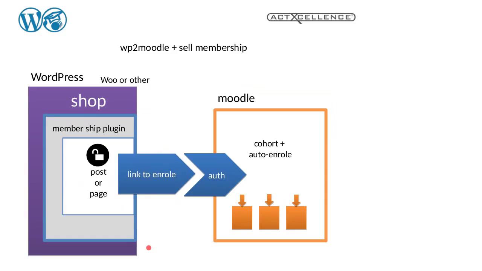I'm not the programmer, I'm just the discoverer. I've found it and I like it very much. And you need a membership plugin like Paid Memberships Pro, or you can put a WooStore around. This was the first part of the presentation.